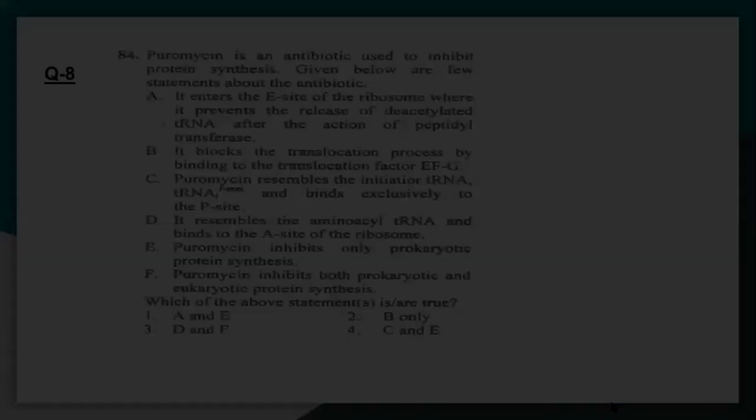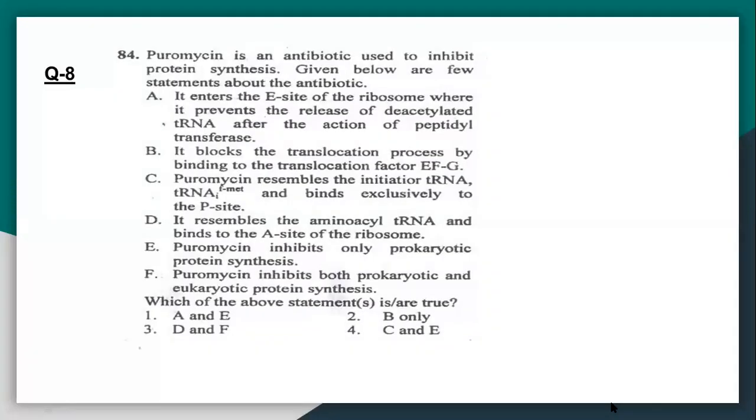Now, next question. Puromycin is an antibiotic used to inhibit protein synthesis. Given below are a few statements about the antibiotic. Some antibiotics work for both prokaryotes and eukaryotes, like puromycin and hygromycin.